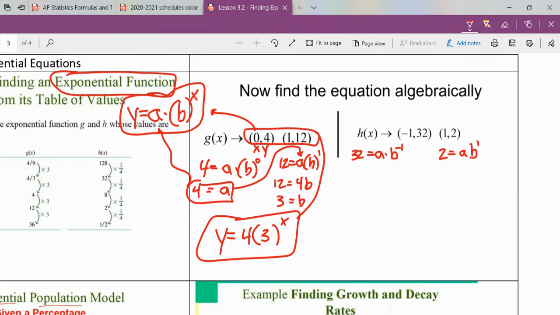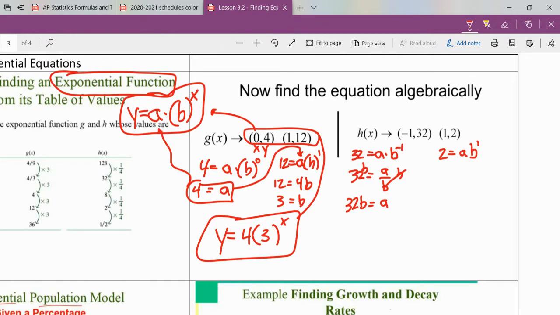So we have 2 equations, 2 unknowns. Probably best to solve this with substitution. I'll rewrite this one: 32 equals a, and if it's -x1, I can bring it down to the bottom and make it positive. I could clear this fraction by multiplying both sides by b, that cancels, so I get 32b equals a.